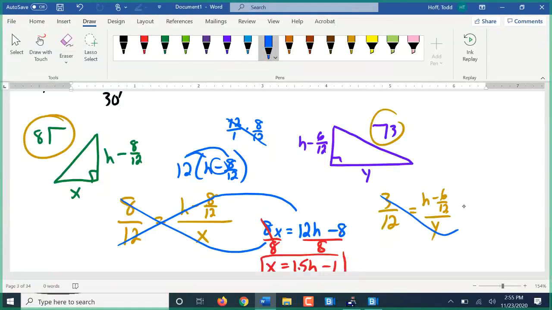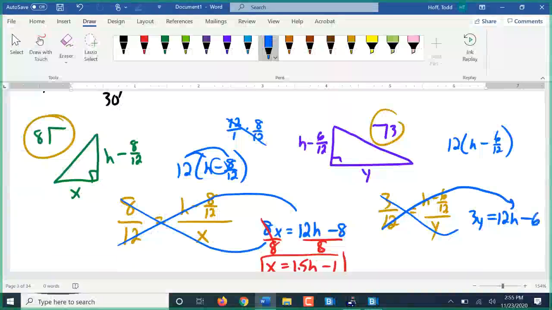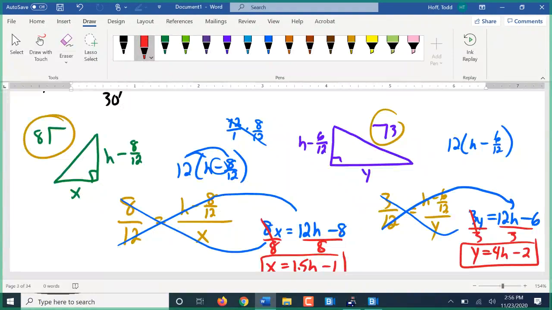So we've got 3 times y is 3y equals 12 times h minus 6/12. Well, 12 times h is 12h. 12 times a negative 6/12, so the 12's cross cancel again. That's just a negative 6. And we divide by 3 to solve for y. So y equals 12h divided by 3 is 4h. Negative 6 divided by 3 is a negative 2. So y equals 4h minus 2.